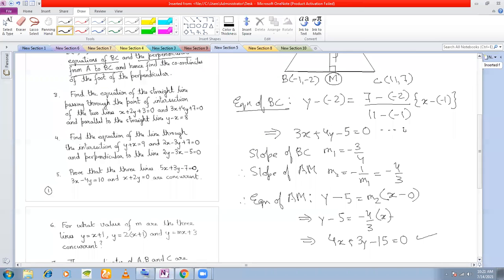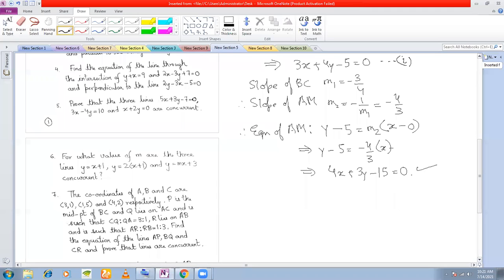Let's call the equation of BC as 1 and this as 2. Solving 1 and 2, you can solve it on your own, we get x is equal to 3 and y is equal to 1.